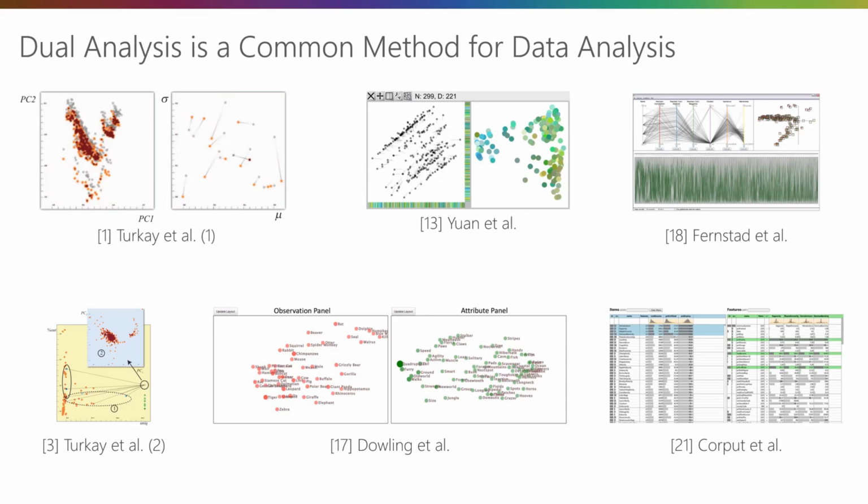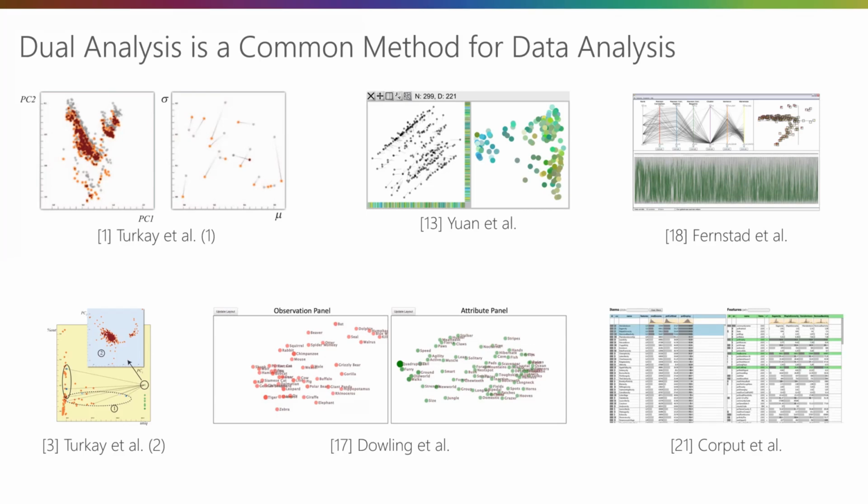And you have these scatter plots that when you select a subset of features, for example, it modifies the scatter plot on the left so that you get another dimensionality reduction, which takes these selected dimensions or features into account.